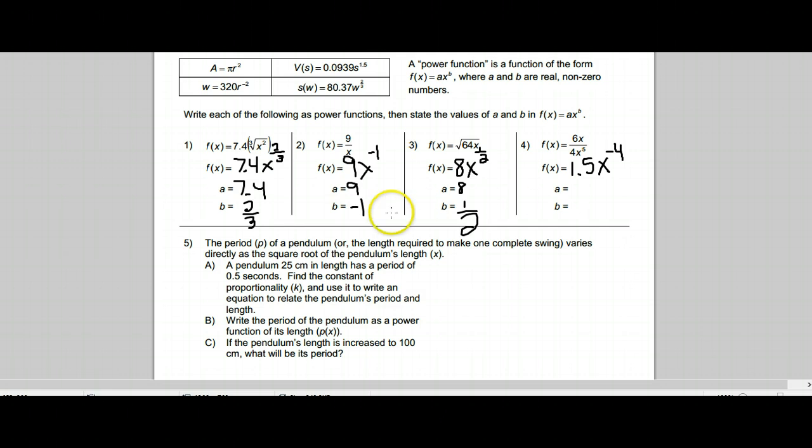Okay, so let's apply this to a word problem. The period p of a pendulum, or the length required to make one complete swing, varies directly as the square root of the pendulum's length x. So let's do period, and then we have varies, and it is varying directly, and it varies directly as the square root of the length.